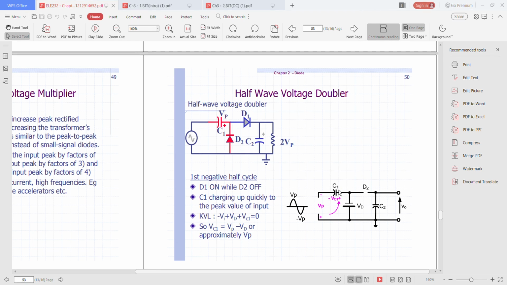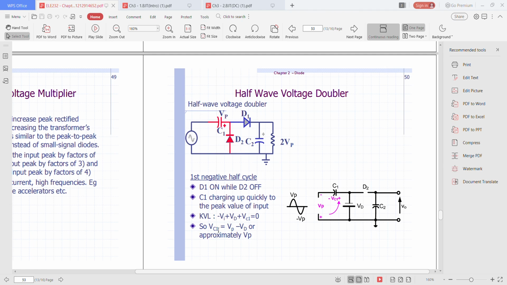So during this cycle, C1 will charge up quickly to the peak value of input. So the value of Vc1 is actually the same as Vp if this diode is an ideal diode. Okay, so if it is an ideal diode, this circuit will be a short circuit.